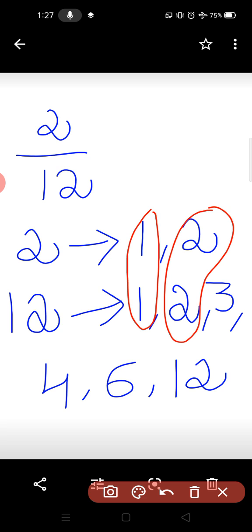You have two common factors here, 1 and 2. Okay, now the given fraction 2 by 12 is not in simplest form or reduced form. Then how can you convert it into reduced form?